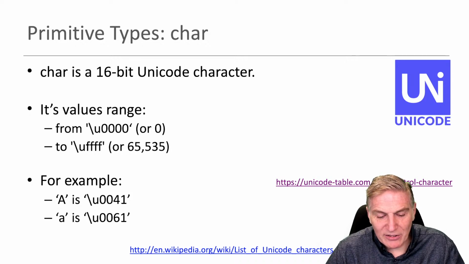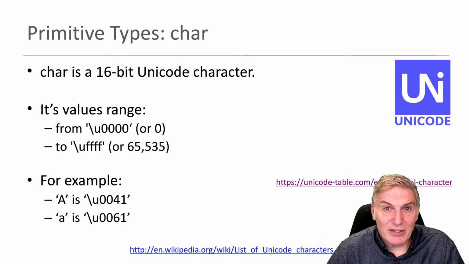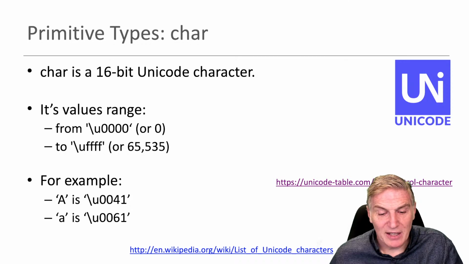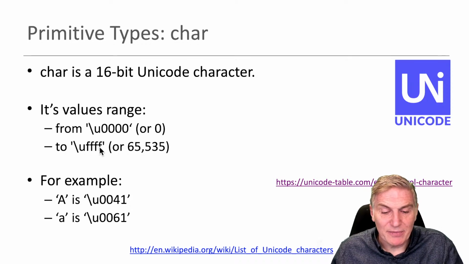So we needed to be able to represent the alphabets of the world, but be able to store each of those characters in something called a char. So the character data type allows us to do that, and it's facilitated by this system called Unicode.